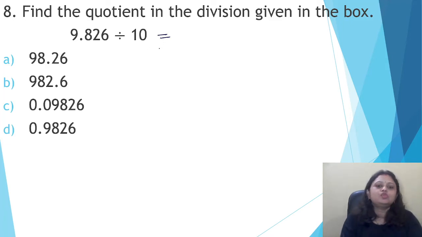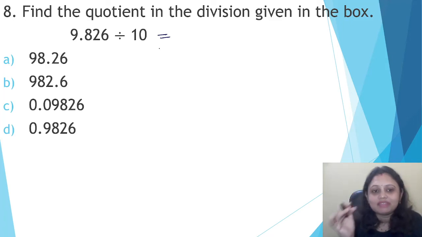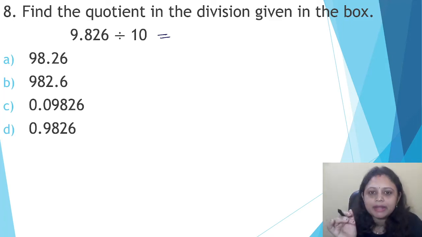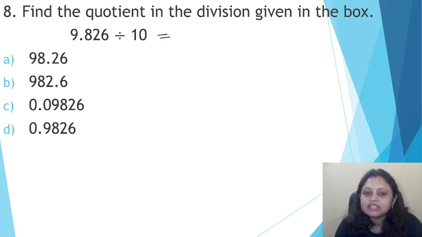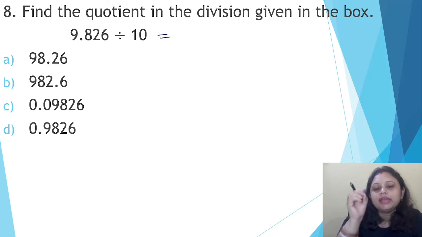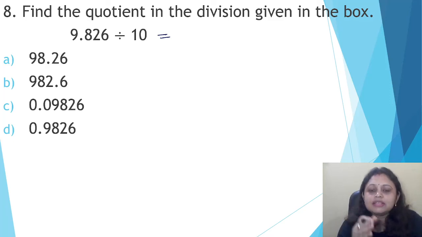When we are dividing any decimal number by 10, how many zeros are there in 10? 1 zero, right? That means the decimal point will be shifted towards the left by 1 digit.